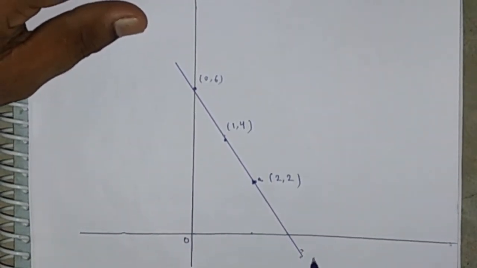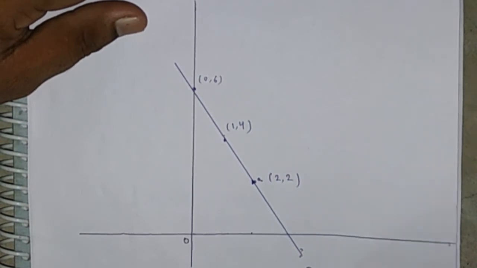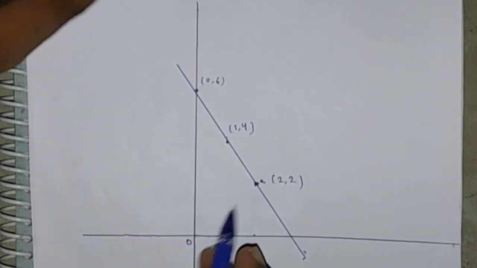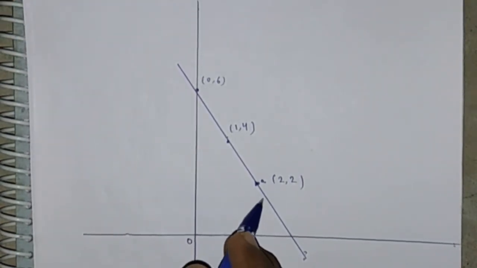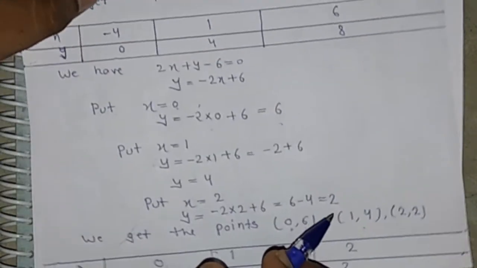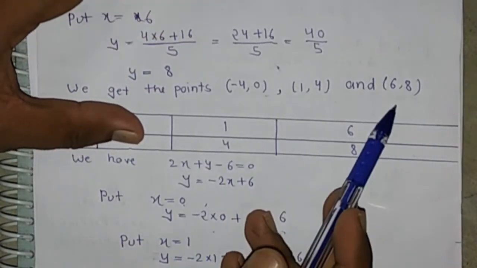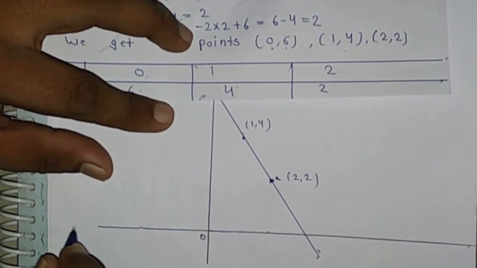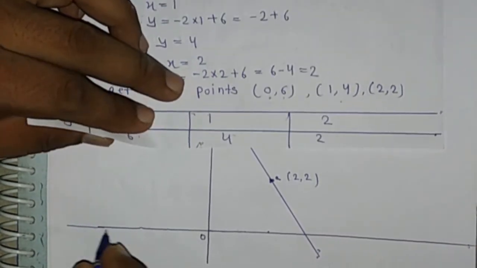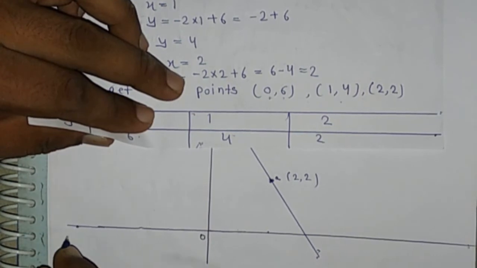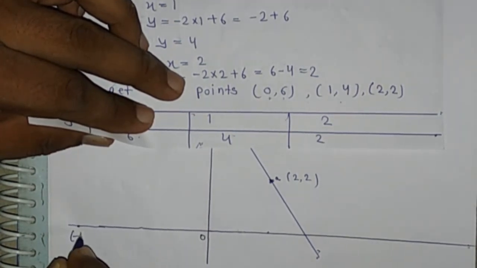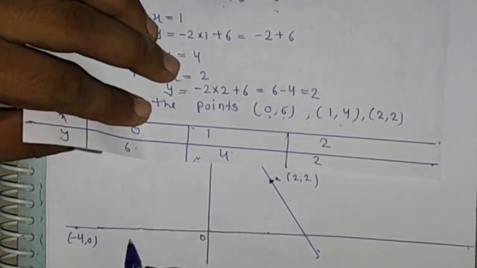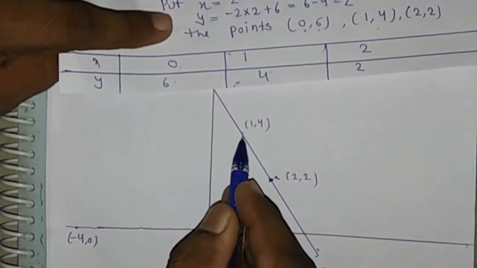This is our equation 2x plus y minus 6 equals 0. The other equation is 4x minus 5y plus 16. The points are minus 4, 0; 1, 4; and 6, 8. Minus 4, 0: x equals minus 4 means it is minus 4, 0. 1, 4 is this point.